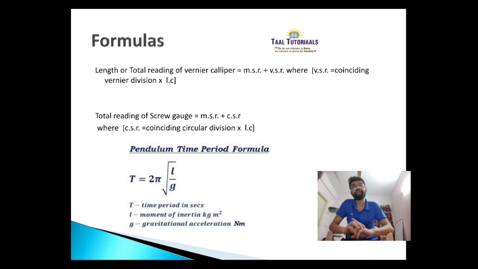Same thing for total reading for a screw gauge: MSR plus CSR, where CSR is the coinciding circular division into least count. And the last formula is the time period formula: T equals 2 pi root over L by g, where T is time period, L is length, and g is gravitational acceleration.